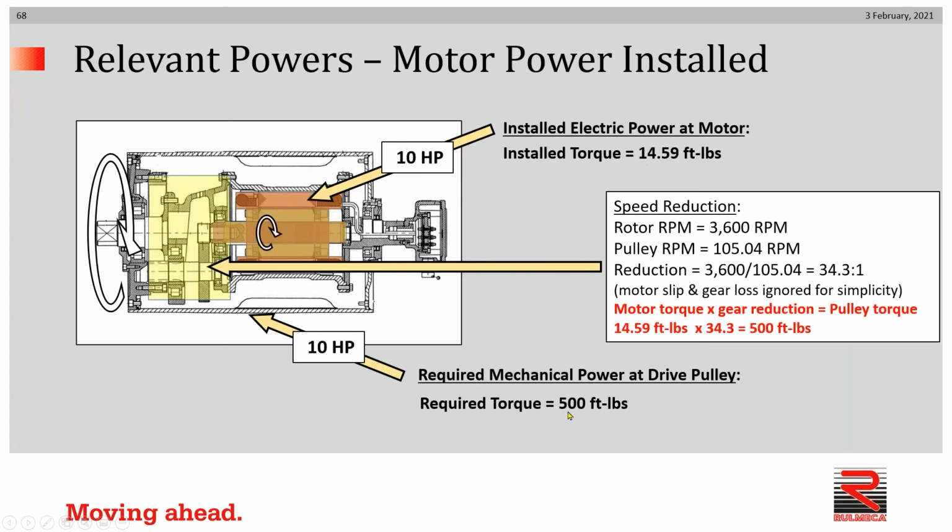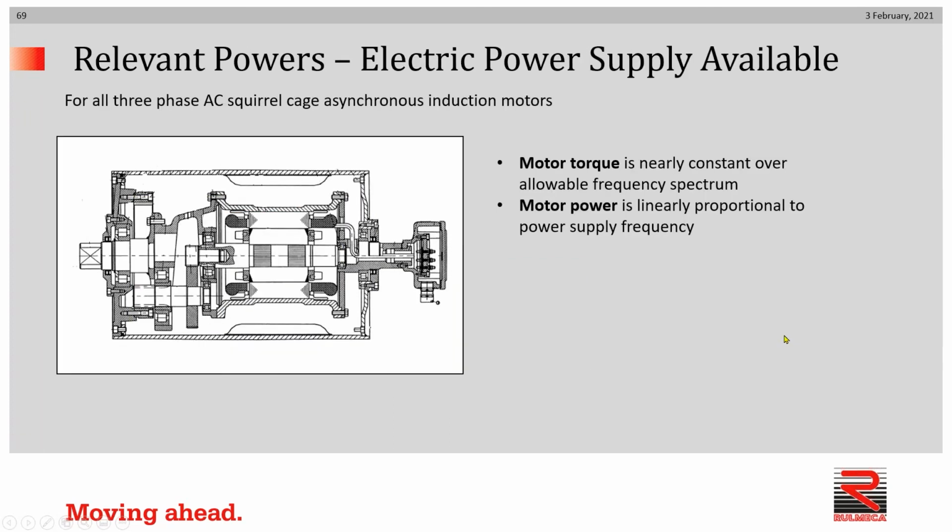Required mechanical torque at the pulley face is 500. The reduction we said previously in the gears would be 34.3 to 1. So motor torque times gear reduction equals pulley torque: 14.59 times the gear reduction equals 500 foot-pounds.